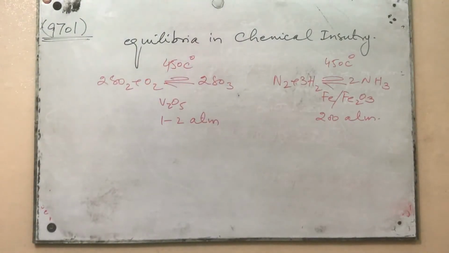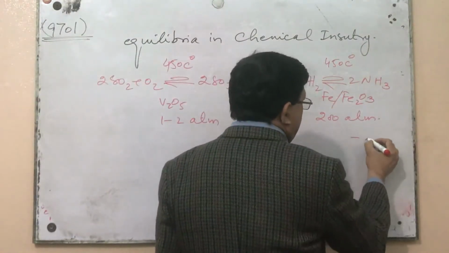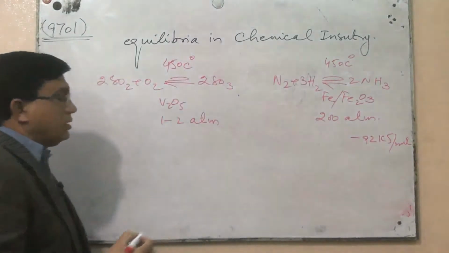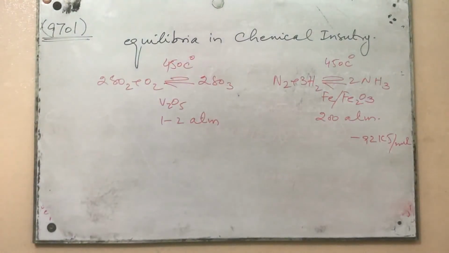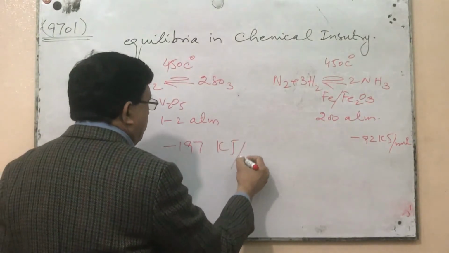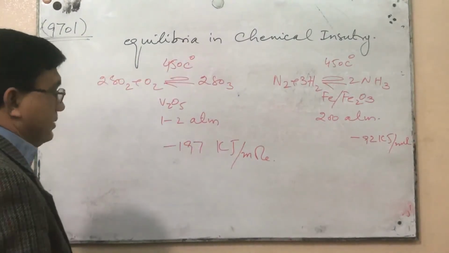Now, in the above reaction, ammonia production releases minus 92 kilojoule per mole energy, while the sulfur trioxide formation gives minus 197 kilojoule per mole energy. Now, we can discuss different factors here.